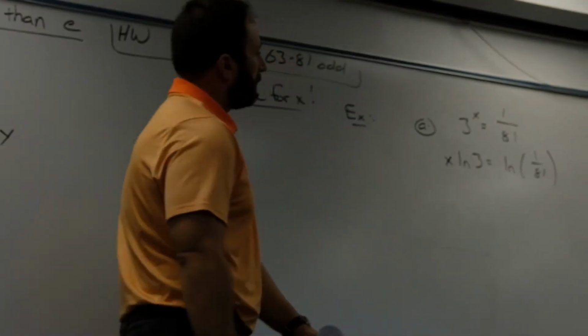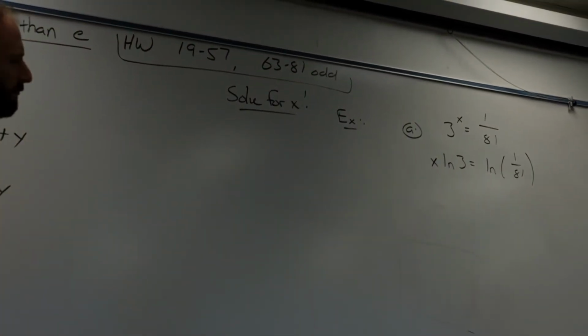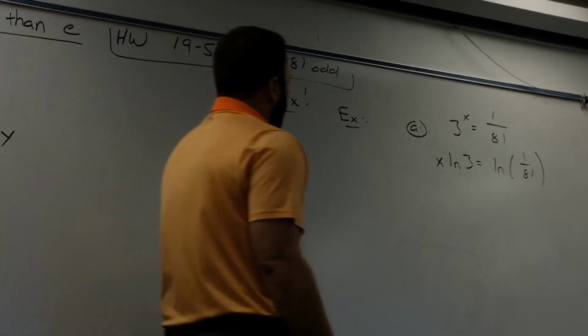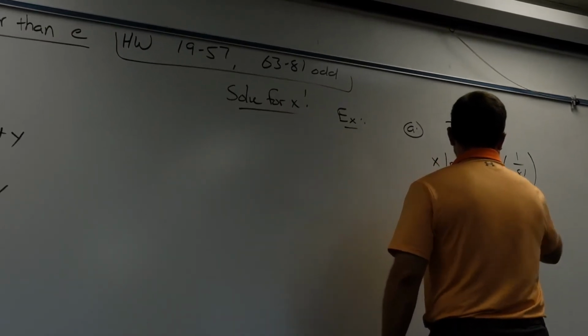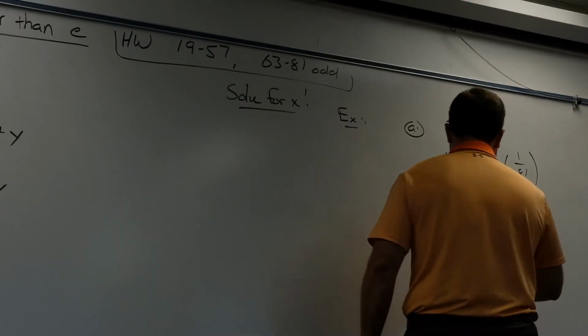And then what could I do to solve for x? Divide by ln 3. So we get ln of 1 over 81 divided by ln of 3.